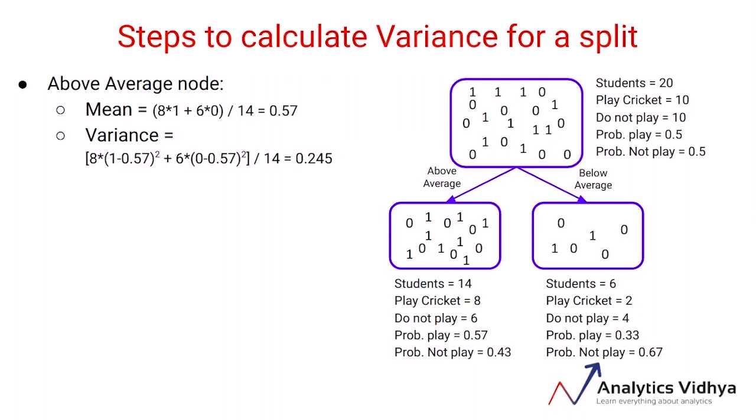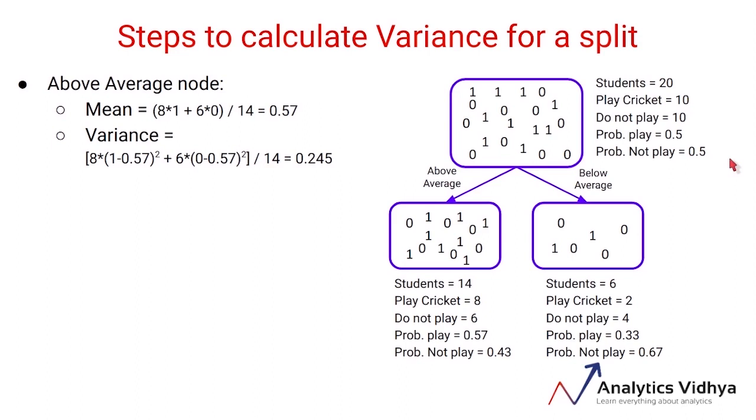Now the variance of this node will be the formula that we saw earlier, x minus mu whole square, and as there are 8 1s, it will be 8 times 1 minus 0.57 square and 6 times 0 minus 0.57 square divided by the total number of observations, which again are 14. So the variance comes out to be 0.245.